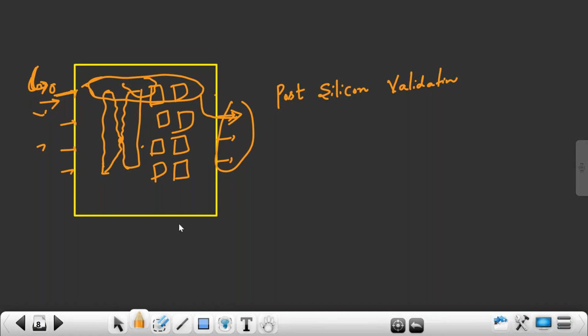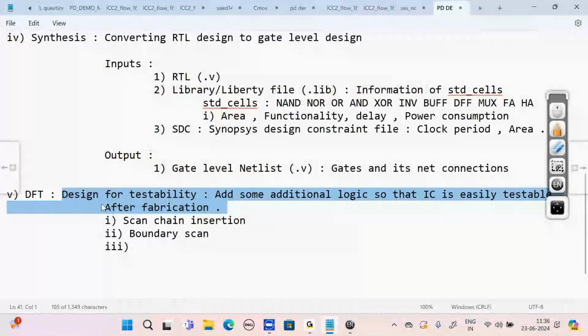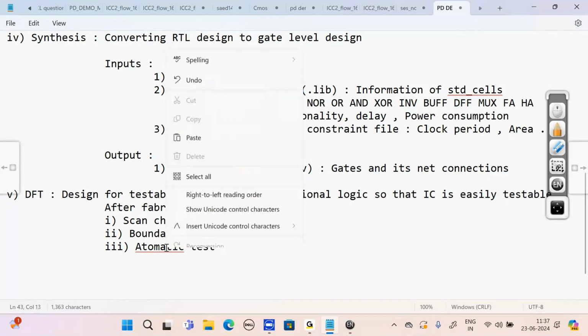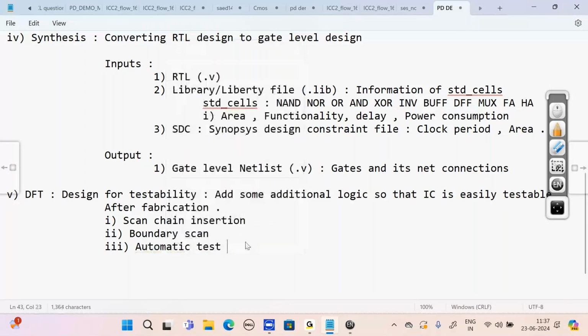So who is going to test that? That is tested in the phase called what? Post silicon validation. To facilitate this process, our DFT team will add this scan chain in the design. They'll add boundary scan. So they will do automatic test pattern generation, ATPG.